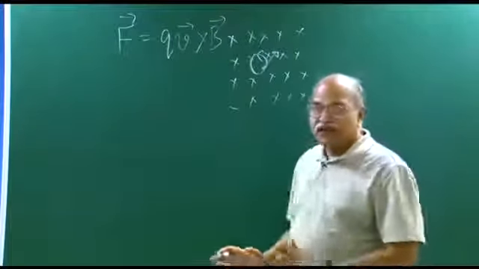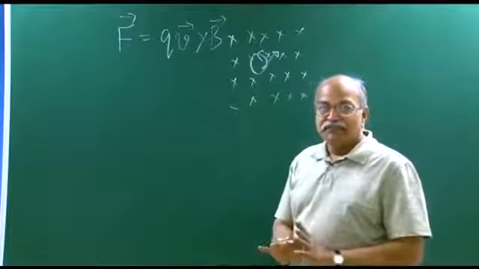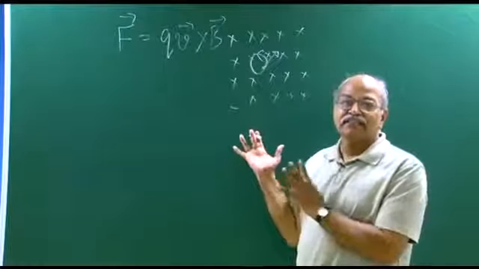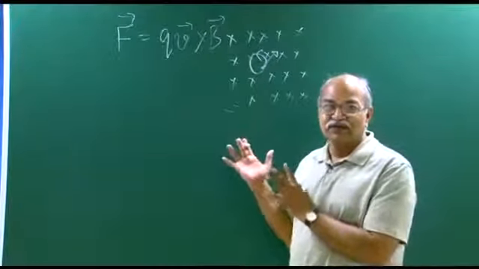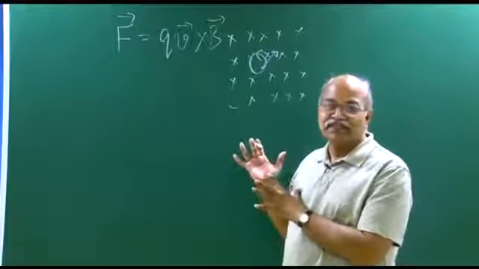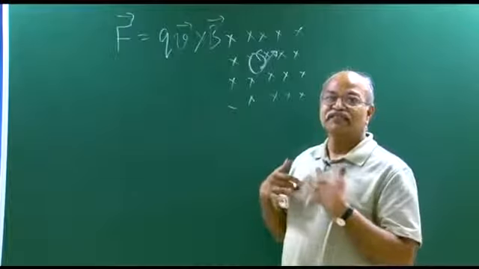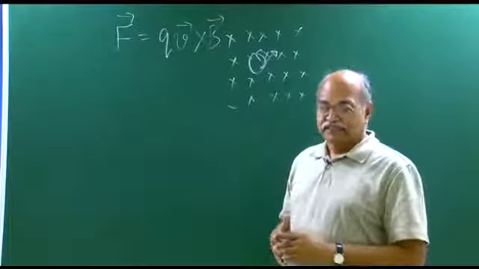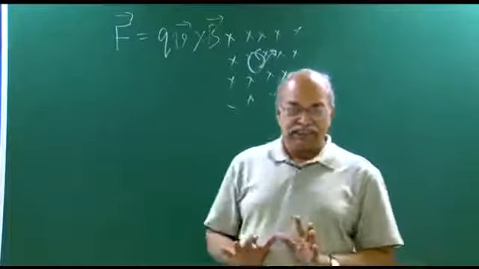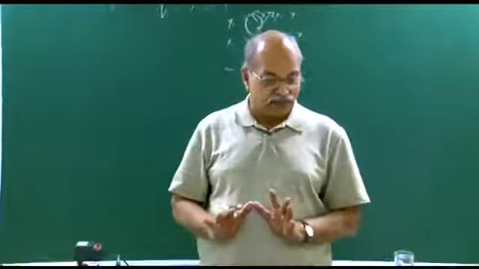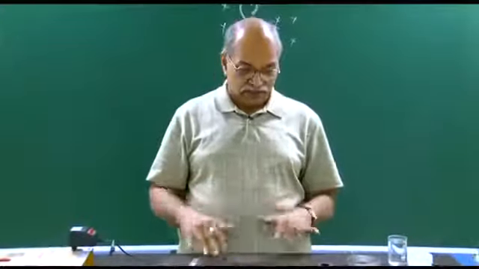Okay. So our experiment will be demonstrating this fact that particles do go in circular path when they are placed in magnetic field and when they are given some velocity. So let me explain the setup, what kind of things we are going to use.